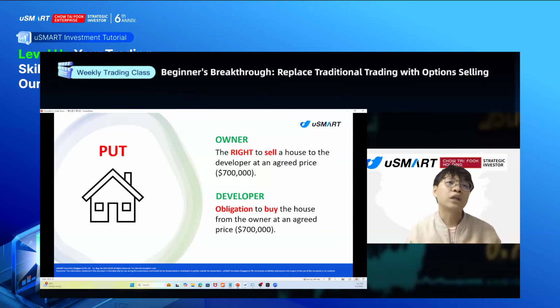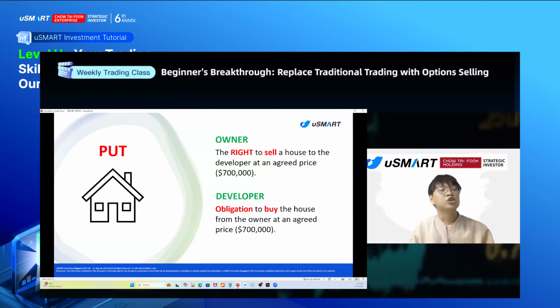So I'm afraid that in the future it will drop to 500, 400 and even lower. So I approach this developer, and then we sign a contract to ensure that the minimum selling price that I will get is 700,000.